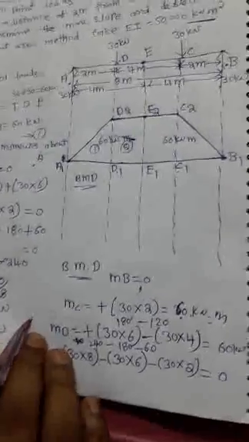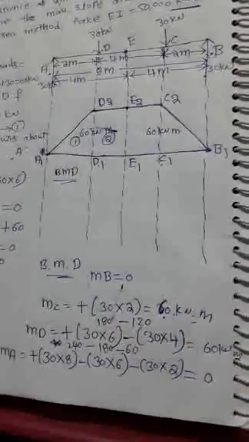This rectangle D1, E1, E2 and D2 shows a rectangle, and A1, D1, D2 shows a triangle. This base is 2 meters, this base is 2 meters, and the height is 60 kilonewton meter.